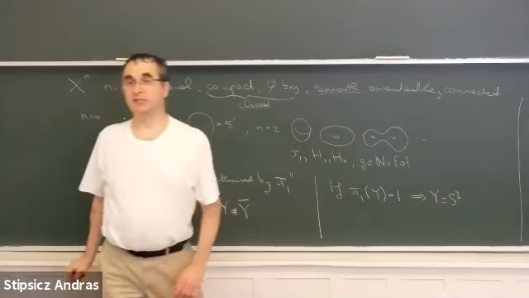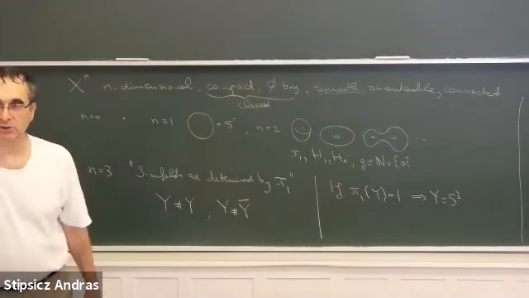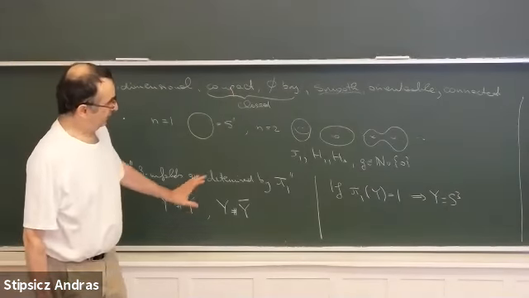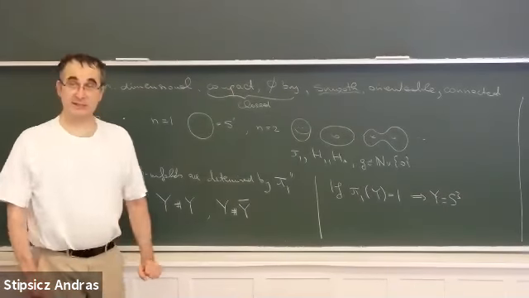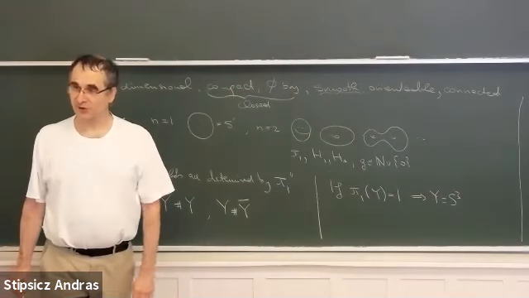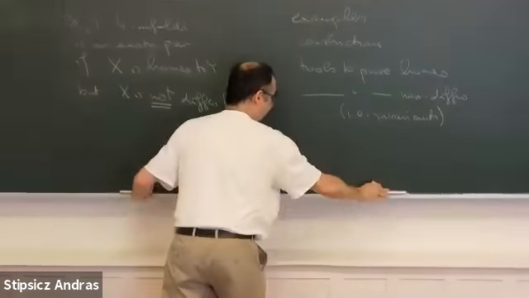This was Poincaré's conjecture, which has been resolved by Perelman almost 20 years ago. And I think that is as much as I would like to say about three manifolds. And now we move to four dimensions.